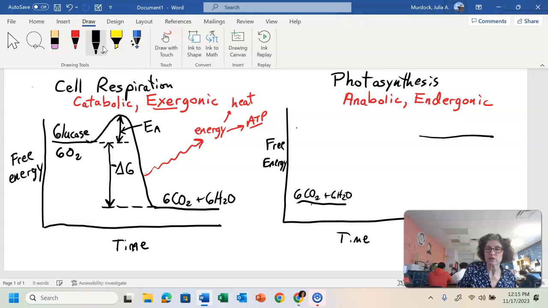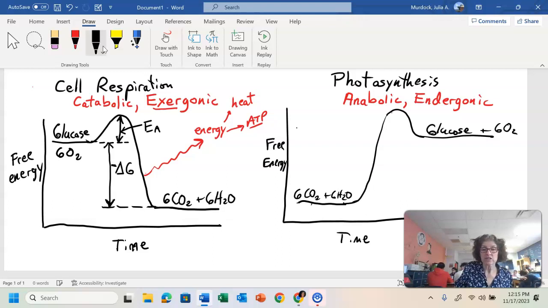And your products are now going to be that glucose and 6 oxygens over here. Okay. So now when you draw your activation energy, it has to go above the level of the product. So it's going to go up like that, and then over and down and meet your products.